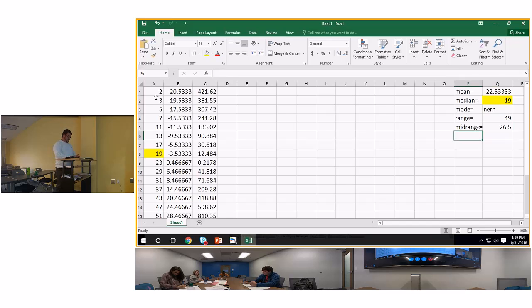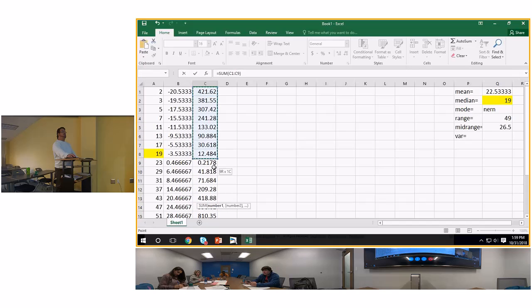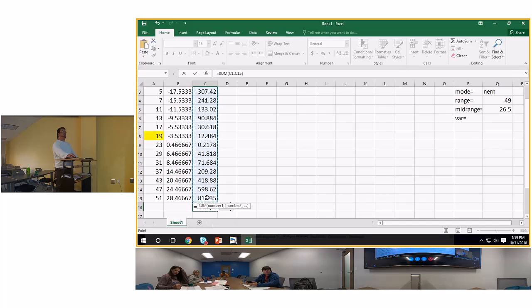Variance, since we've already done the work, is equal to the numerator. Let's go down here and find the numerator. Let's do the sum, and we're going to add up all of those squared numbers, and that's your numerator.